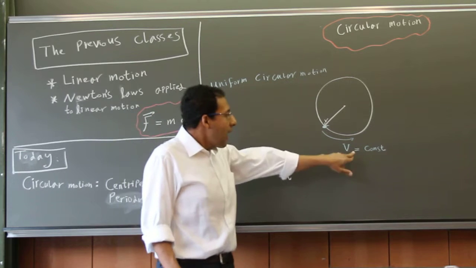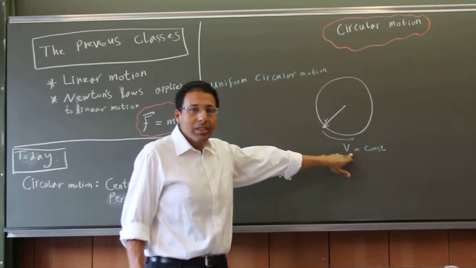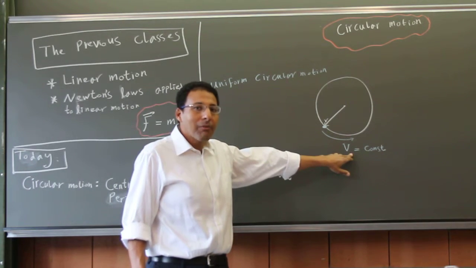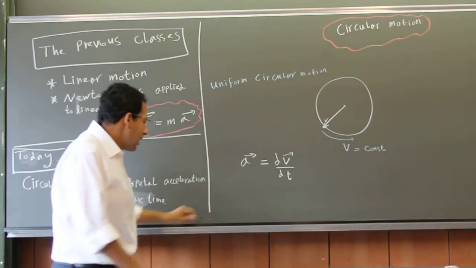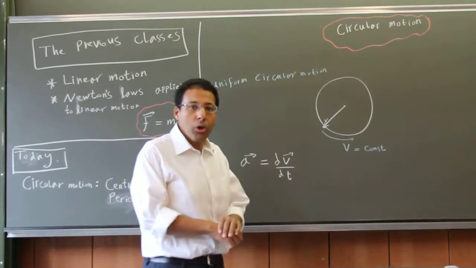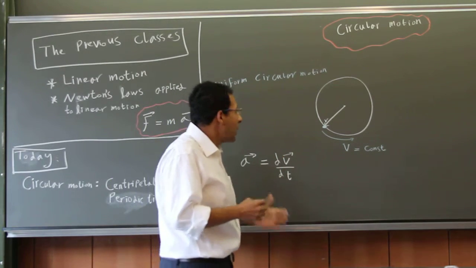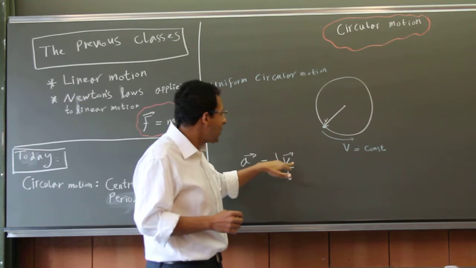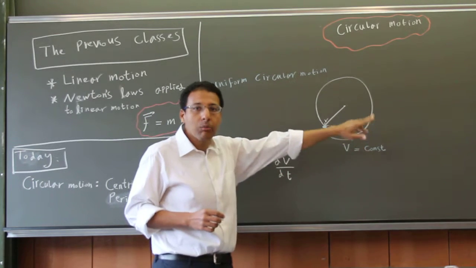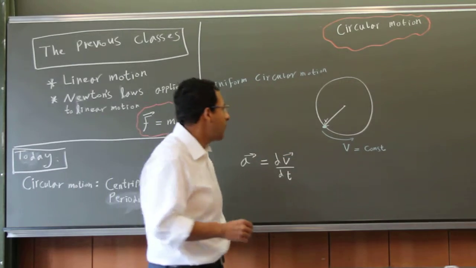So, if the speed is constant, this really doesn't mean that the velocity itself is constant. Why? The velocity is a vector quantity. So let us try to understand how the velocity changes its direction as our particle moves along the circle.